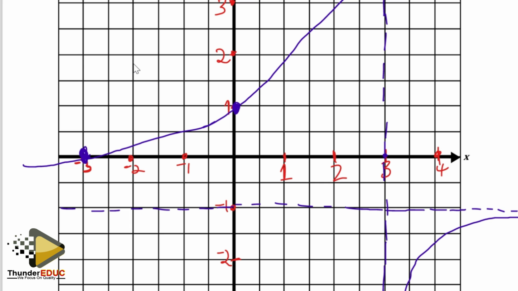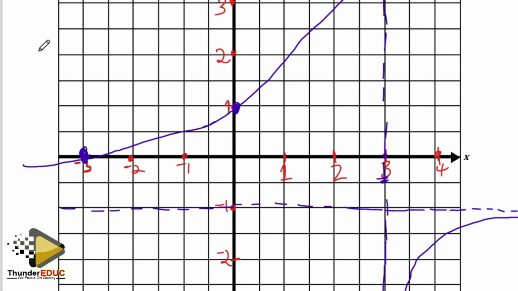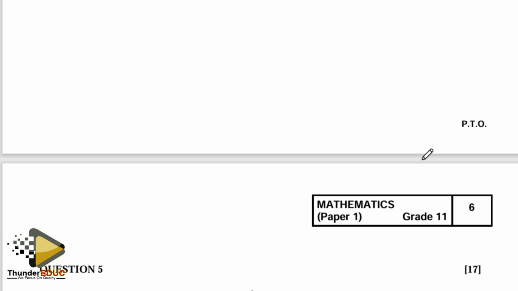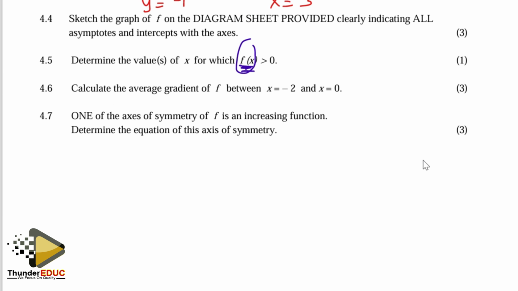So which means this has to be the end point. So we're going to say negative 3 is less than x, and then x is less than positive 3. So in this interval, the graph has to be above the axis. That's greater than 0.